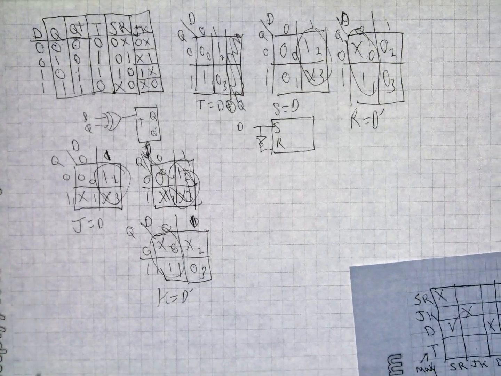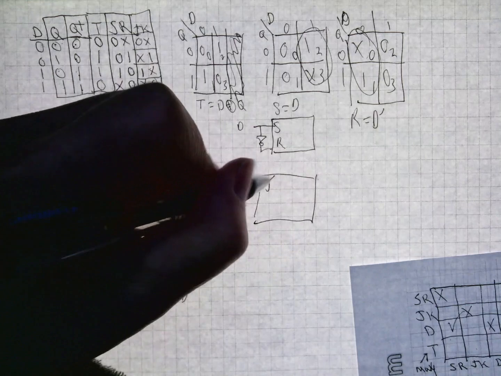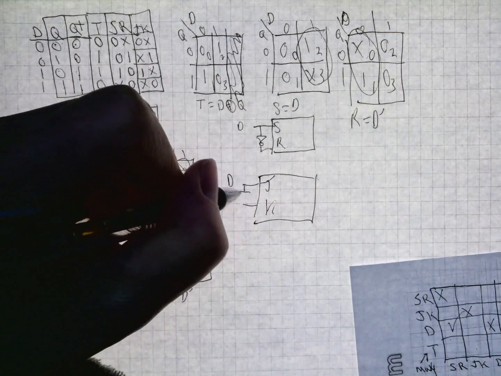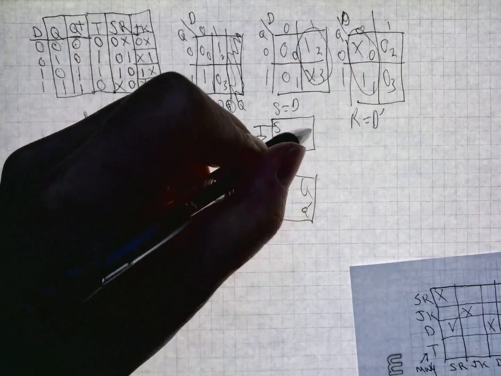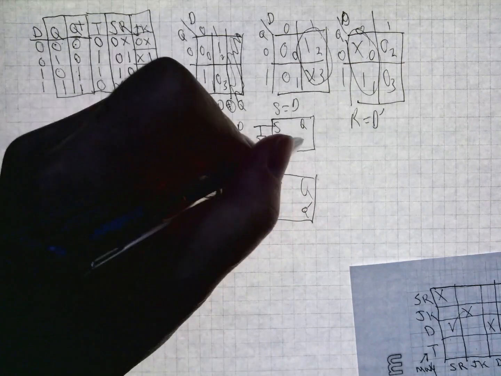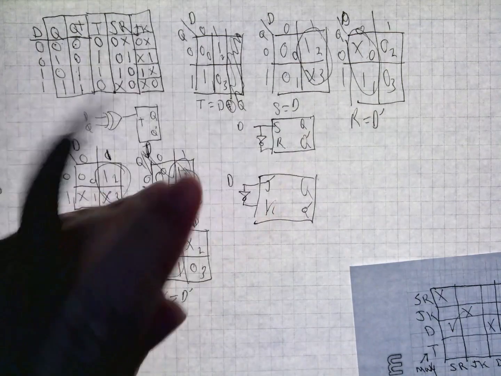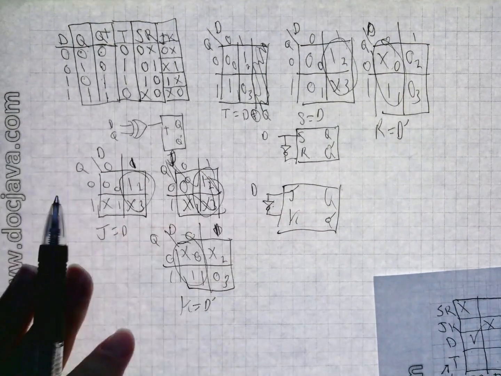And there you go. So now you can do the same thing for your JK flip-flop that you did for your D flip-flop. And your SR, sorry, the same thing for the JK flip-flop that you did for your SR flip-flop.